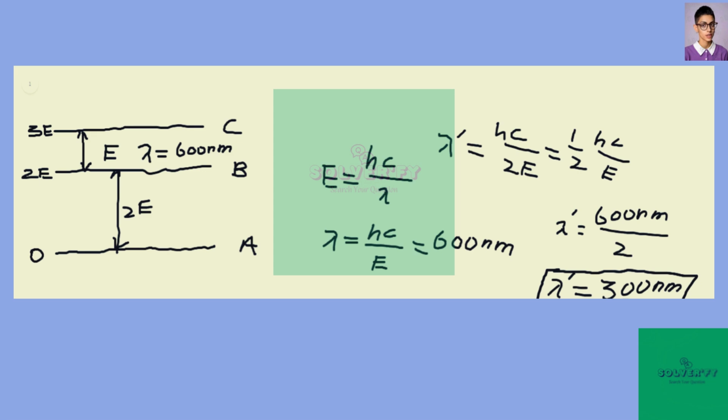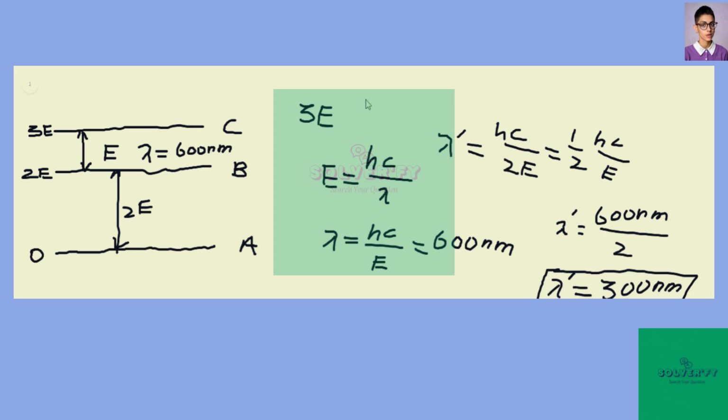All right. Now, what would be the wavelength of the photon when the electron jumps from C to A? So what's the difference in energy between C and A? It's quite obvious that it is 3E.